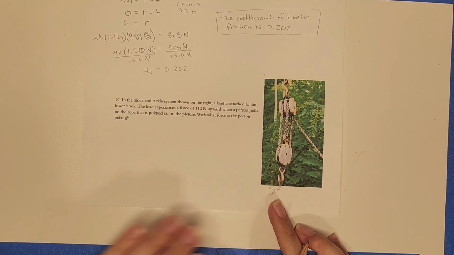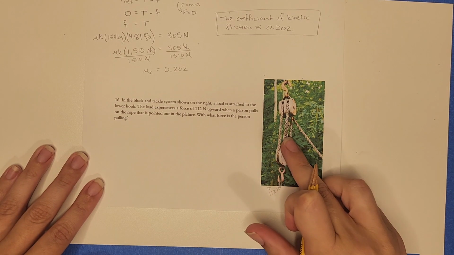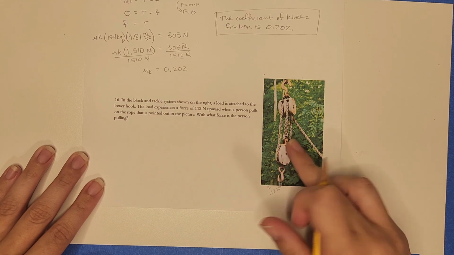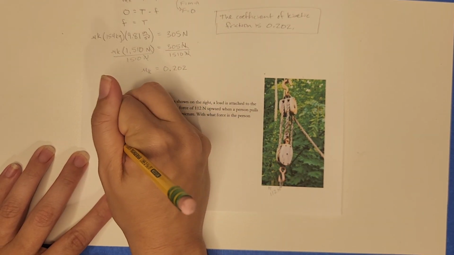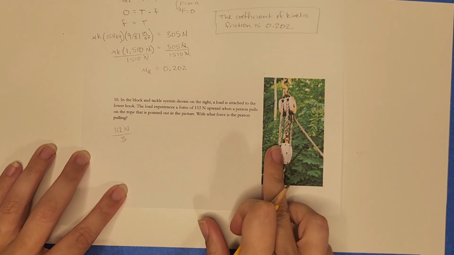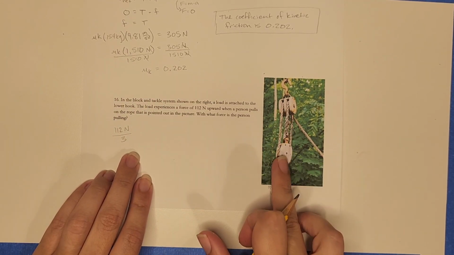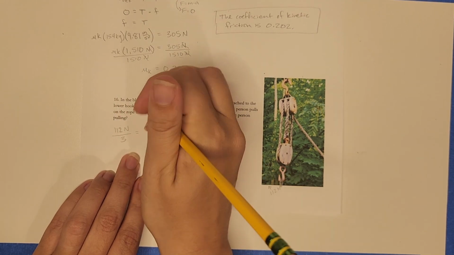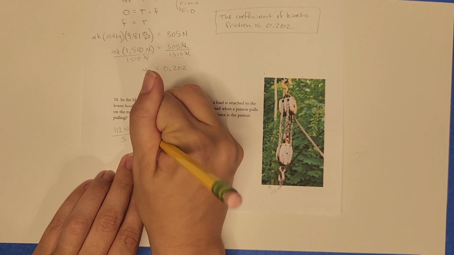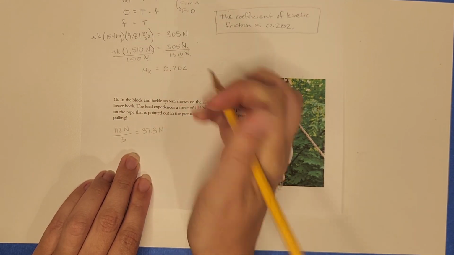Okay, and it's divided in between these 3. So 112 newtons, we're going to divide it by that factor of 3 pieces of rope that are actually pulling it, and we get 37.3 newtons.